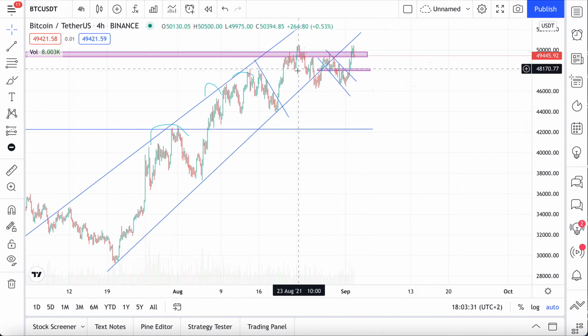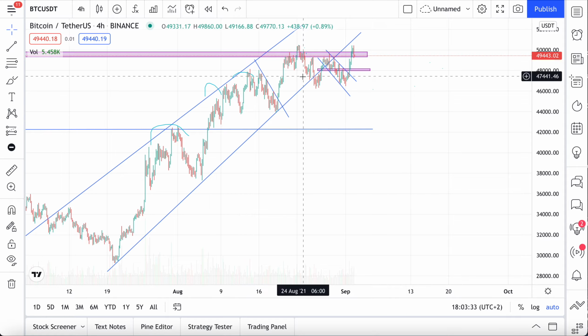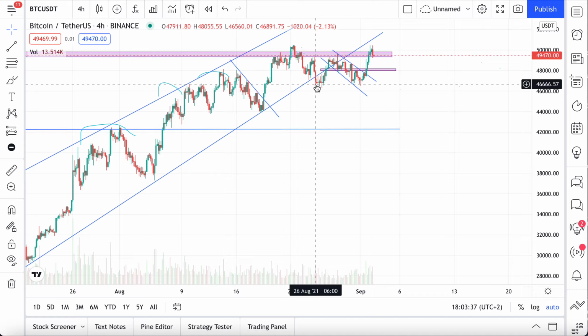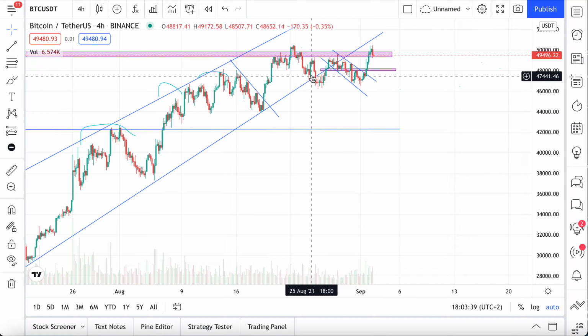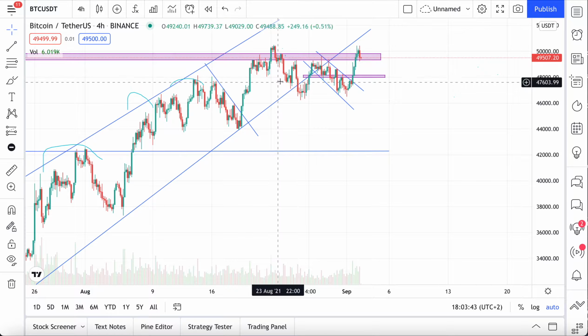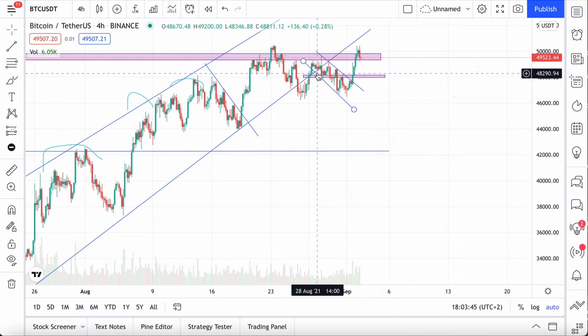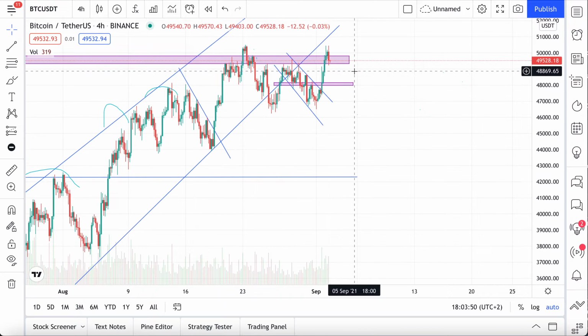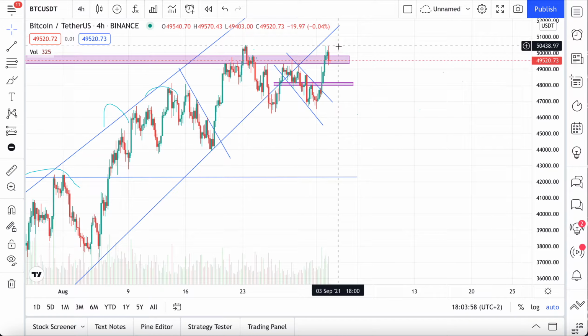That's why once when we were in our rising wedge channel, we hit here about 50,500. We got rejection. We went down. Not only did we test this trend line down there, we also broke it, went out of it, went into it, went out of it, and now today on Binance, as I checked, the highest price of Bitcoin right here was 50,400 and something.